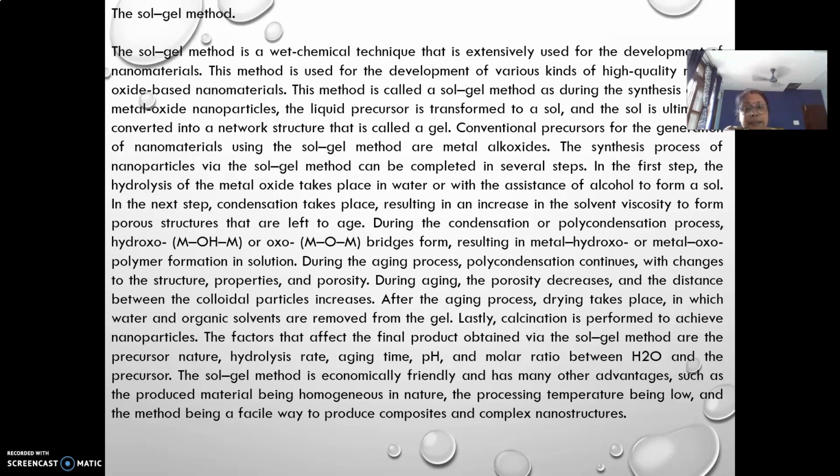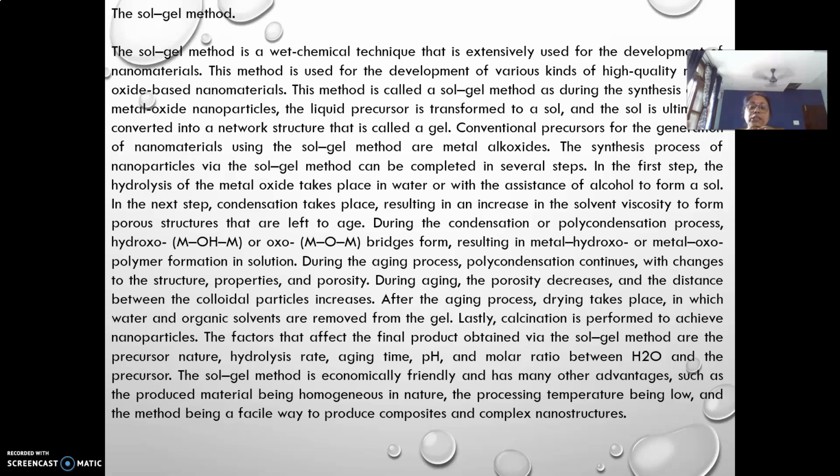You had one metal substance, metal salt, metal sulfate, metal chloride, anything. You take it to the solution phase by utilizing a suitable solvent, and then you allow the solvent to evaporate, and ultimately that will give rise to condensation.